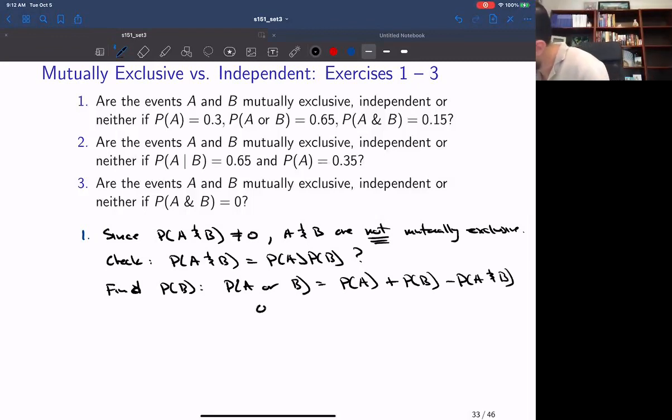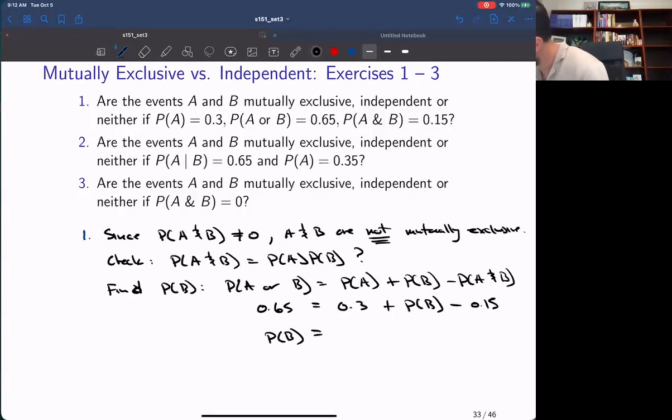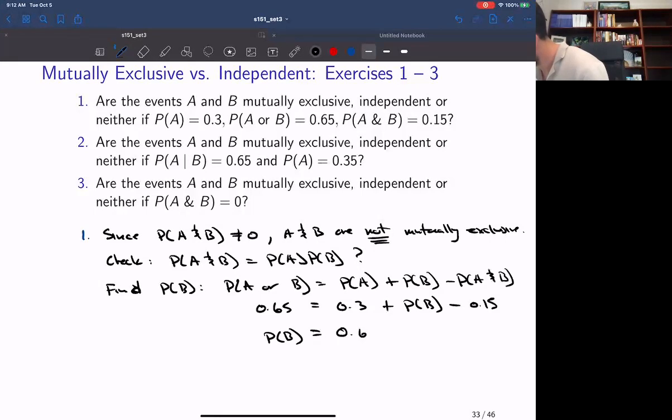So we have 0.65 is equal to 0.3 plus the probability of B minus 0.15. This gives us P of B is 0.65 minus 0.3 plus 0.15. So that gives us 0.35, 0.5.